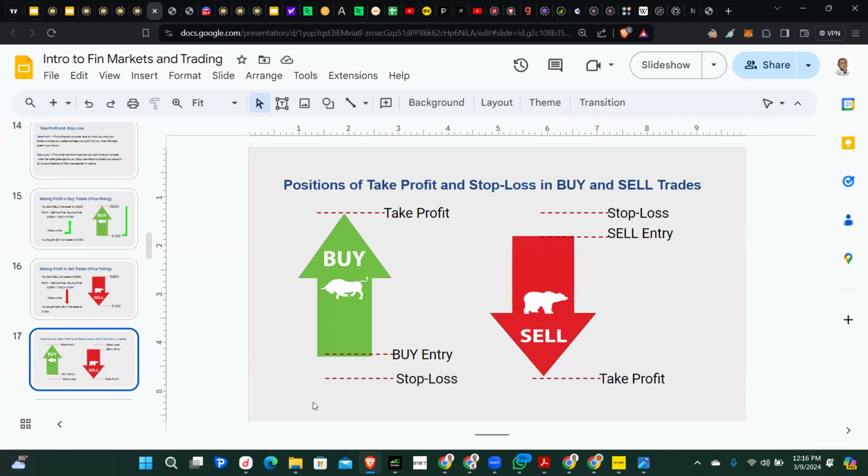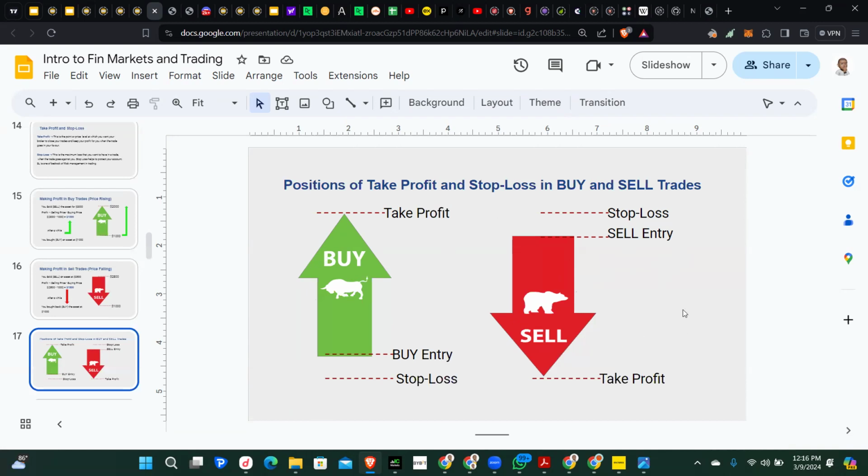That means you are bullish. So your stop loss will be below your entry price, and your take profit will be above your entry price. The reverse is the case for selling. When you are selling, your stop loss will be above your entry price, and your take profit will be below your entry price.